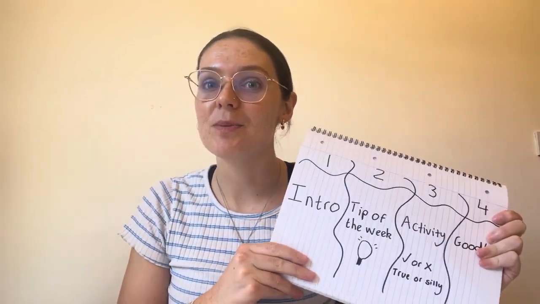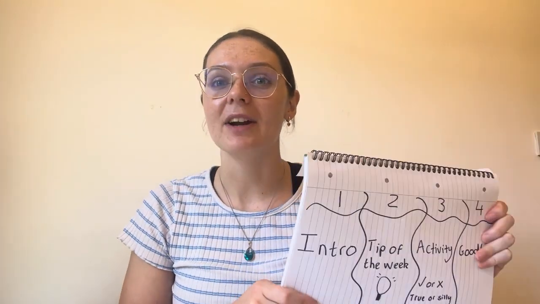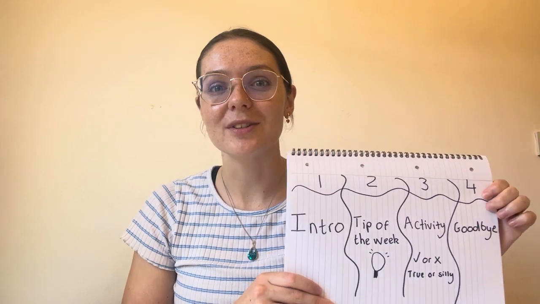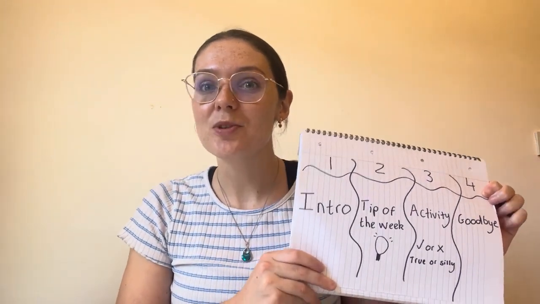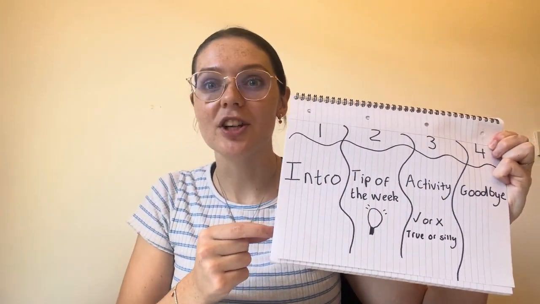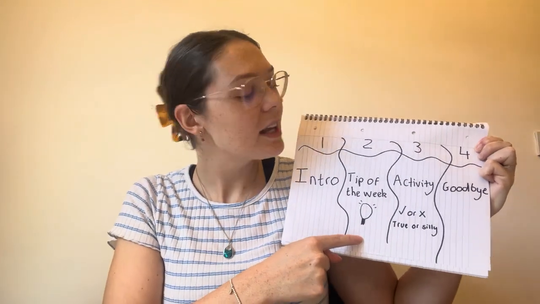So as always, I'm going to be using a visual timetable just to show you how easy they are really to implement and to try and encourage adults to use them with children. So first, I'm going to carry on with our introduction. Next, I'm going to be going through my tip of the week.